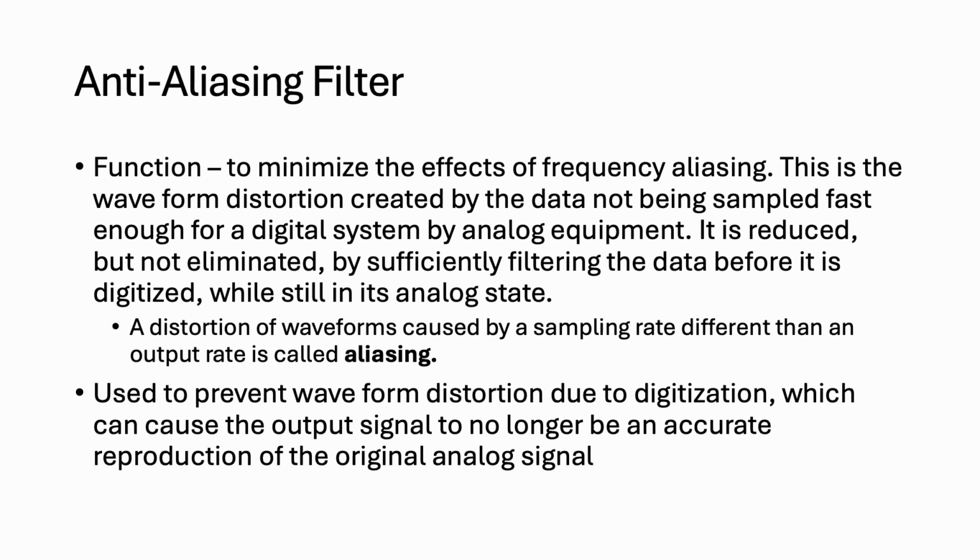So there might be where my arm is in one place, and then in the next frame it's in a completely different place because the camera is not able to take enough pictures in a second to capture everything I'm doing. This is the same thing with aliasing. It's not able to sample the data quickly enough to get the pure waveform. And thus, when we try to digitize it, it looks really weird.